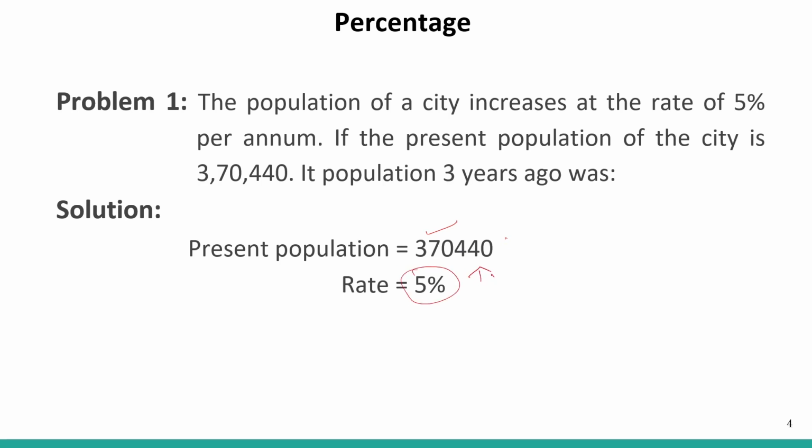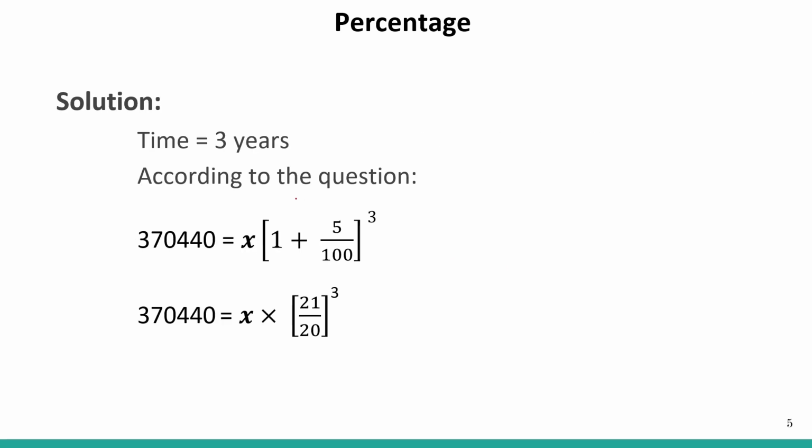So according to the question, 370,440 will be equal to X into (1 plus 5 by 100) whole power 3.